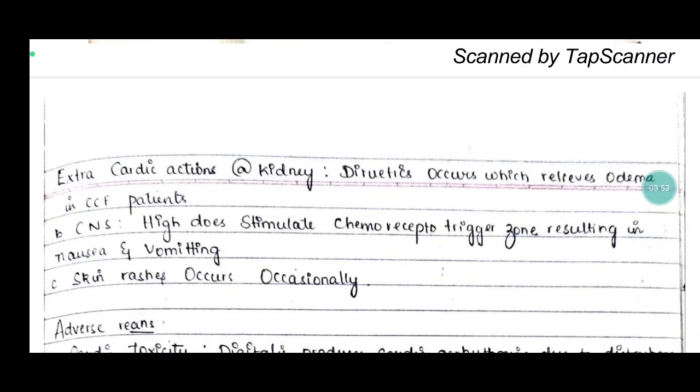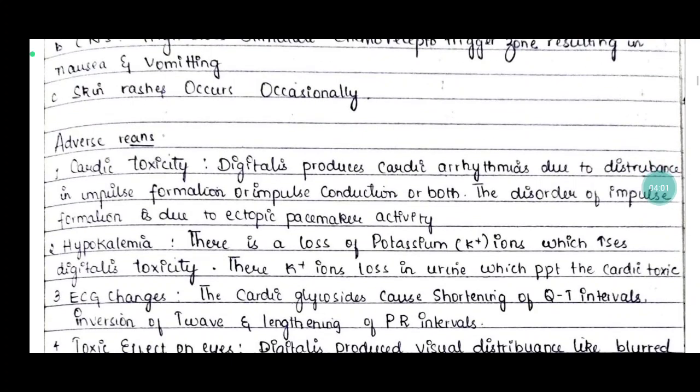The extra cardiac actions are on the kidney, CNS, and skin rashes, which occur occasionally.